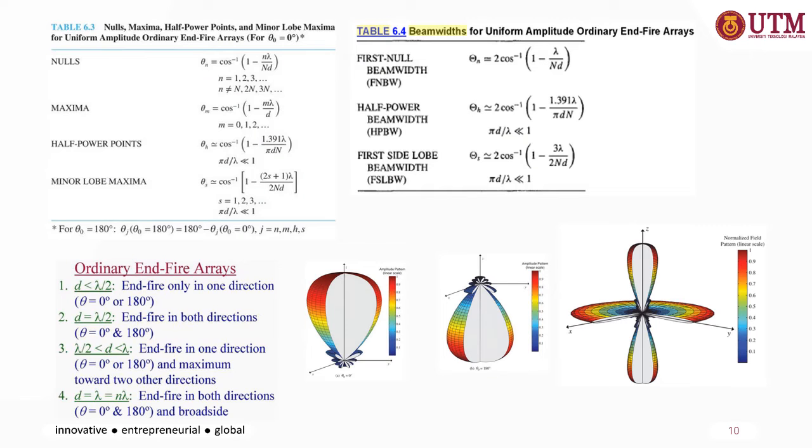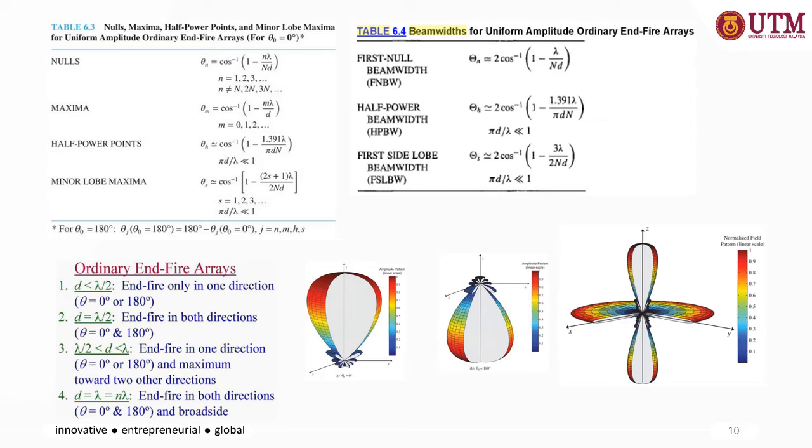Okay, tables 6.3 and 6.4 summarize the mathematical expressions used to determine the position of the nulls, the maximum beam, half power points, side lobe, and so on. And for end fire, it also depends on the separation distance between the elements.